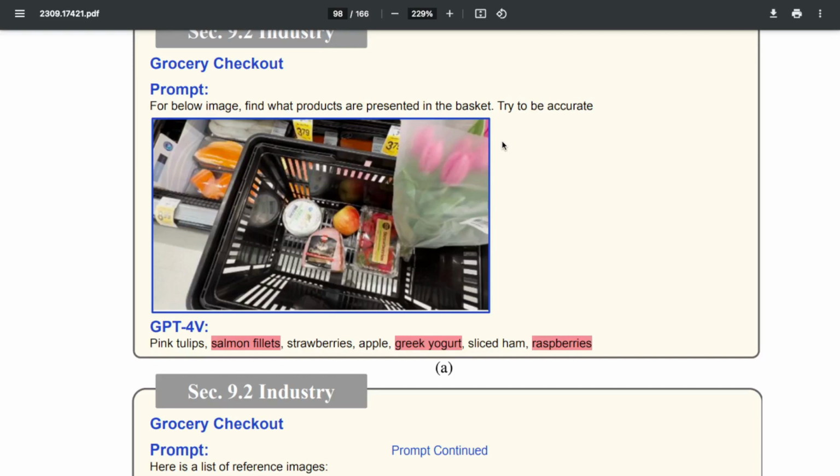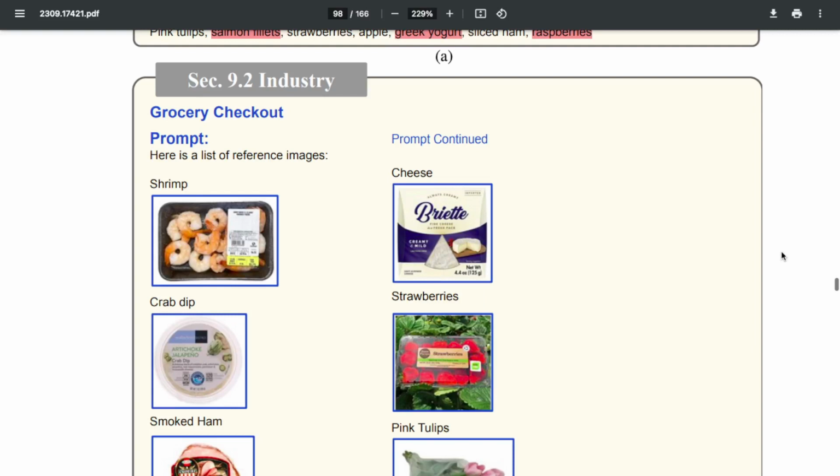Grocery checkout example. For the below image, find what products are presented in the basket. Try to be accurate. It gets some of it correct, like pink tulips and sliced ham. It says there's Greek yogurt and raspberries in there. Now, if you're provided with images of what each of the items in the grocery store should look like, it selects all 5 products correctly.